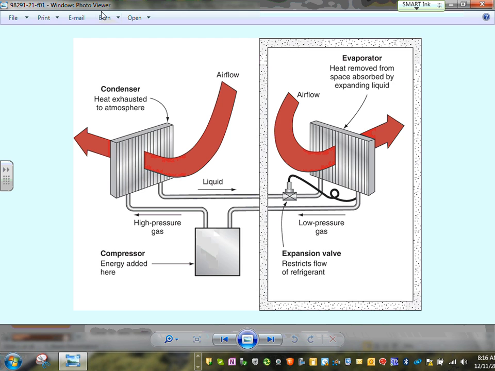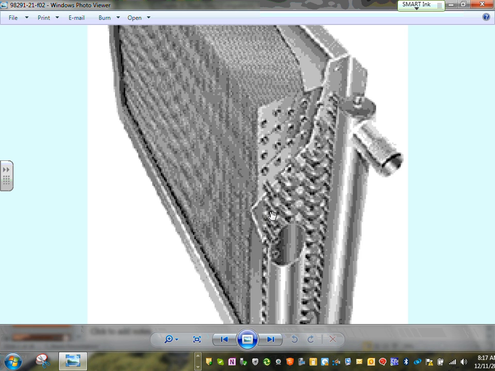The condenser has blowers, blows the air right through it, picks up the heat and throws it outside, turning the high pressure gas into liquid, and circulates it through the expansion valve into the evaporator. That's your refrigeration cycle.